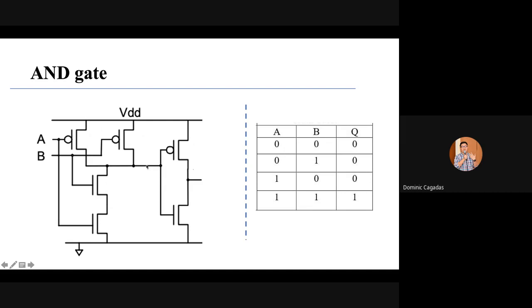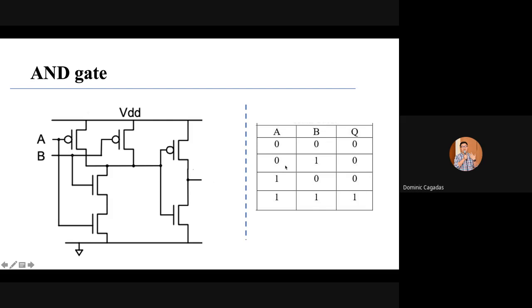If this is high, your PMOS is turned off and your NMOS is turned on. So our output here is low. Did you get this? Yes, sir. Okay. Next case.